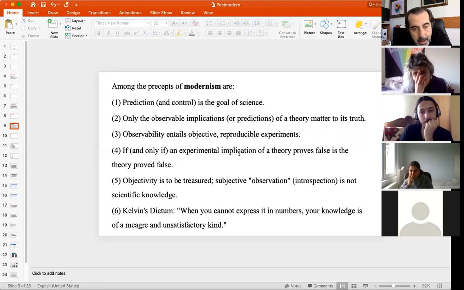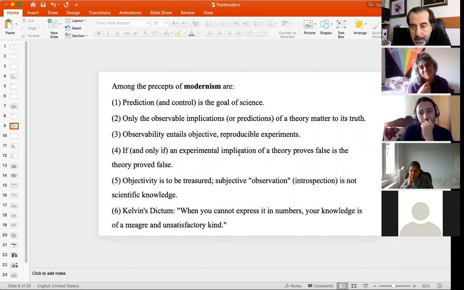Three, observability entails objective, reproducible experiments, especially in the natural sciences, of course. If and only if an experimental implication of a theory proves false, is the theory proved false. Objectivity is to be treasured. Subjective observation or introspection is not scientific knowledge.